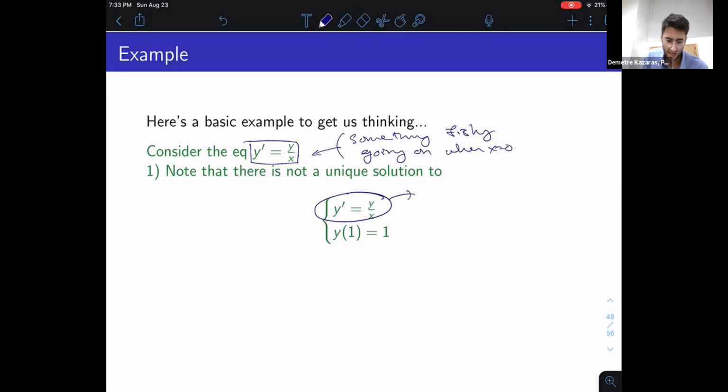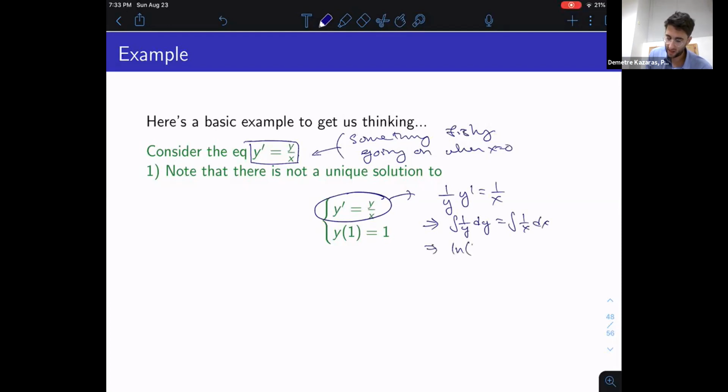Nice simple equation, definitely separable. So what do we get? We get 1 over y, y prime is equal to 1 over x. So do our usual separable thing, integrate both sides with respect to x, to get the integral of 1 over y dy is equal to the antiderivative of 1 over x dx.